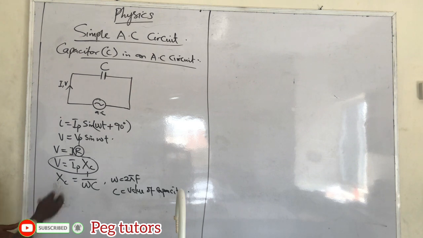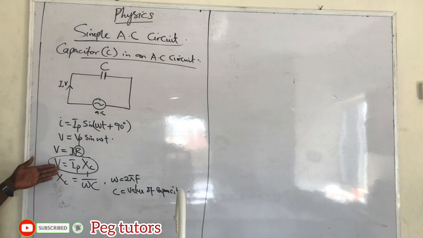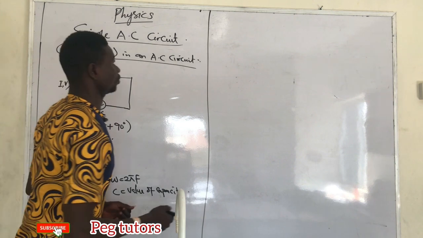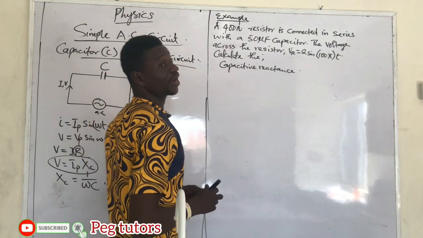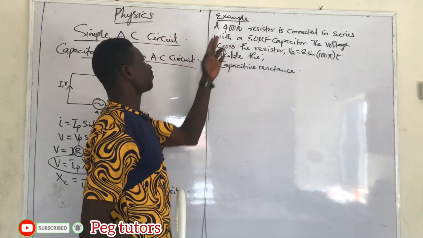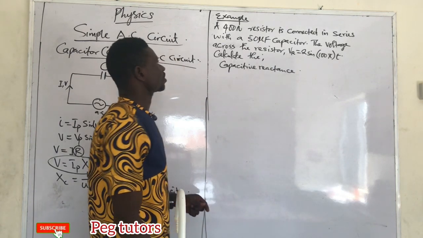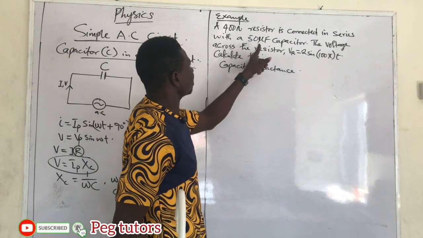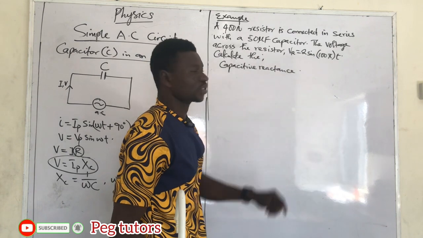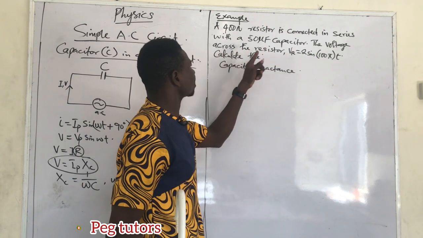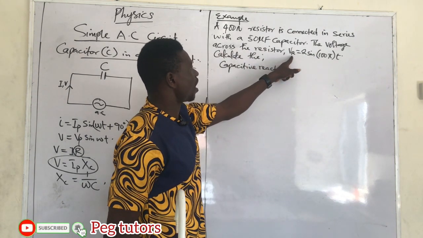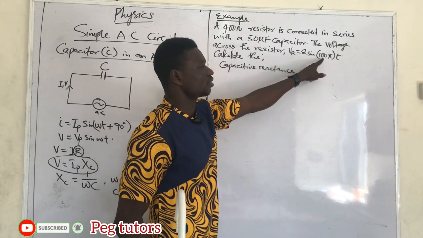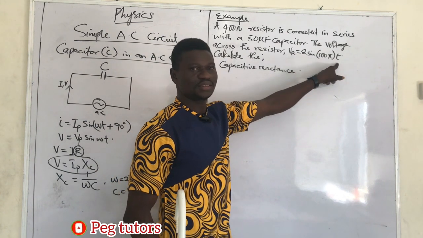Now, let us take one example with this capacitor in an AC circuit. This is the question we have. It says a 400 ohm resistor is connected in series with a 50 microfarad capacitor. The voltage across it, VR, is equal to 2 sine 100 pi t.